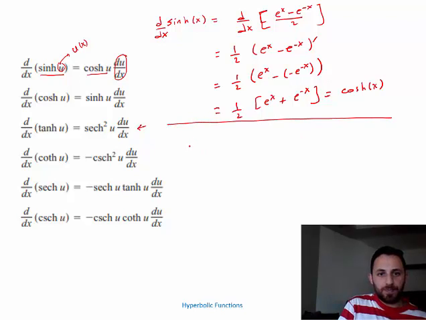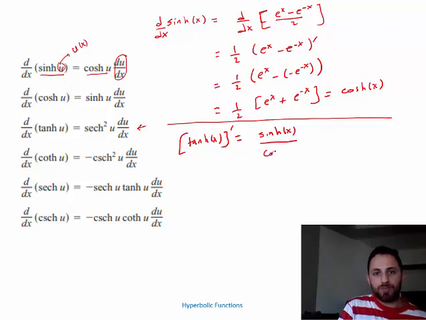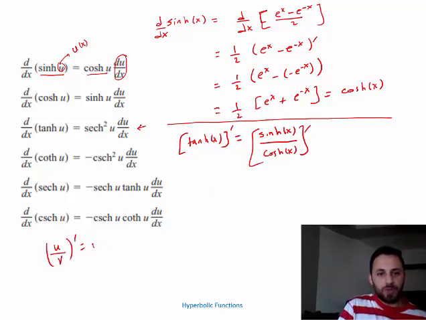So the derivative of tangent hyperbolic of x, the tangent is sinh over cosh, and we know that if we have two functions, (u over v) prime is u prime v minus v prime u over v square.